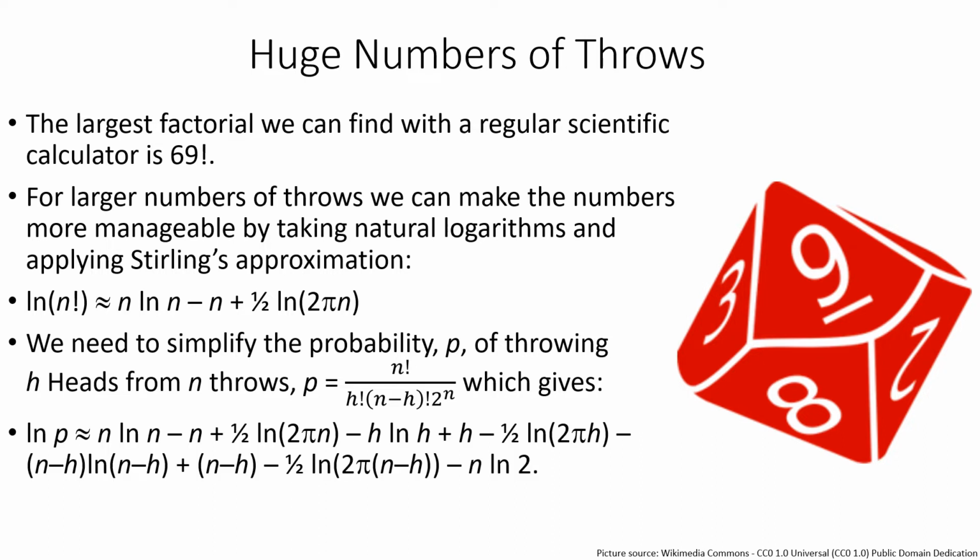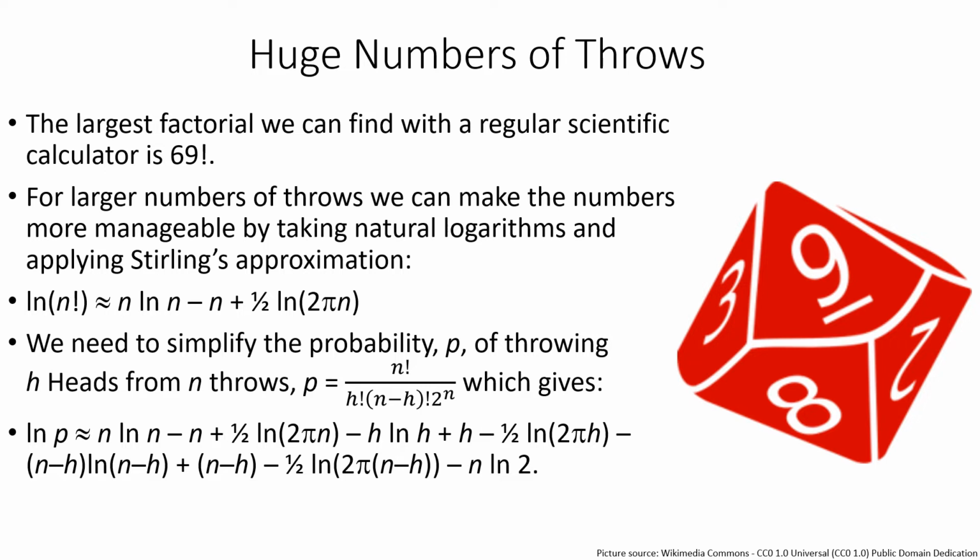Every time you see a factorial in the formula, I've simply multiplied it out using Stirling's approximation, except I've obviously had to take the log of the probability, because all of these factorials are getting logged, and I've also logged the 2 to the power n. So that's why the final term there is n ln 2.